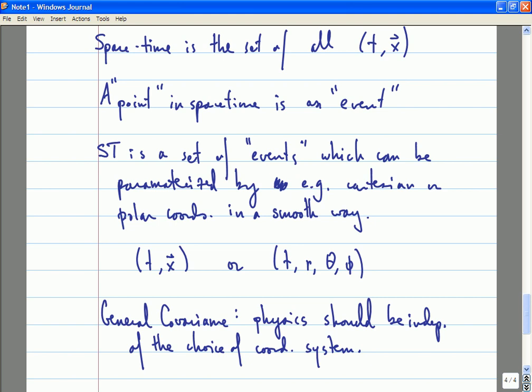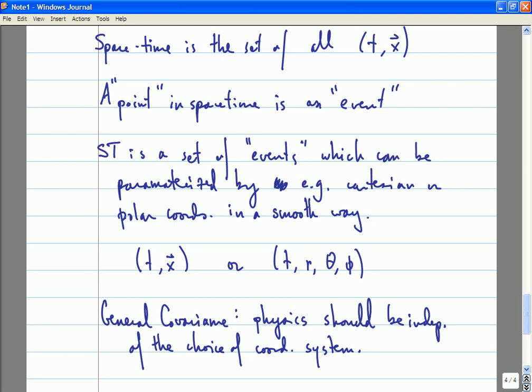And although this sounds like a rather trivial statement, after all, a coordinate system is just something that we introduce for our convenience in order to make sense of physics in an analytic manner, in fact, this is a very deep statement, and it will be our guiding principle throughout the first half of this course as we try and understand how to write down equations of motion and study physics in curved space.